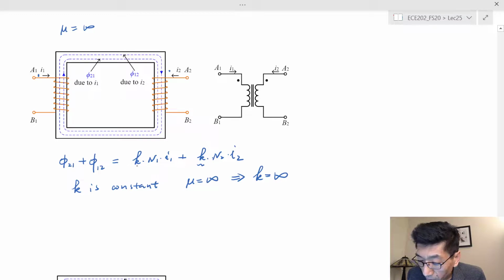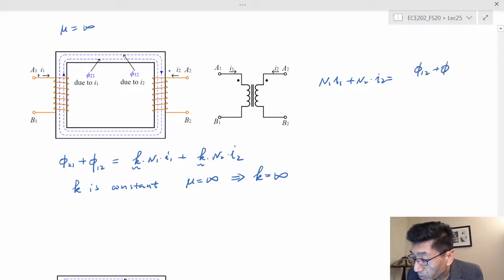N1. I'm using the same k because these two fluxes have the same path. So therefore, that constant of the reluctance is the same. And so therefore, we have N1 I1 plus N2 times I2 equal to (phi 1 2 plus phi 2 1) over k.